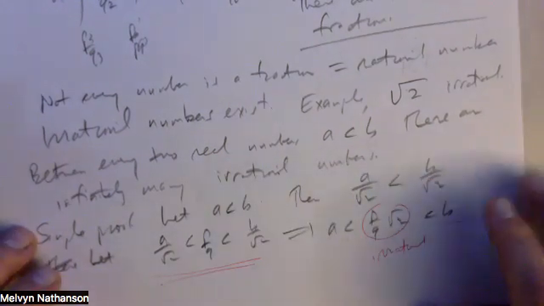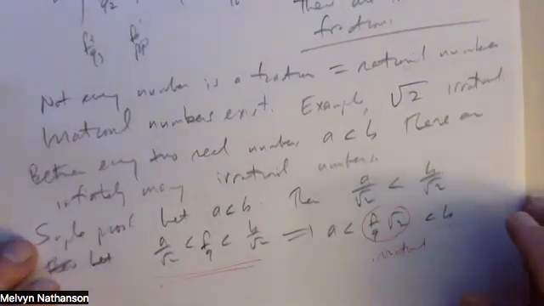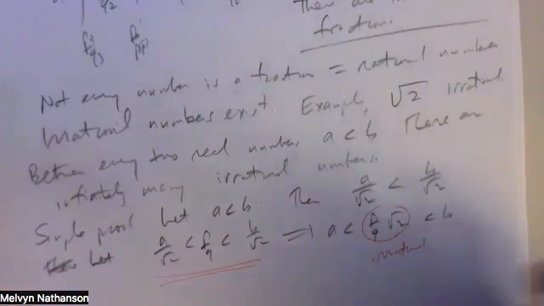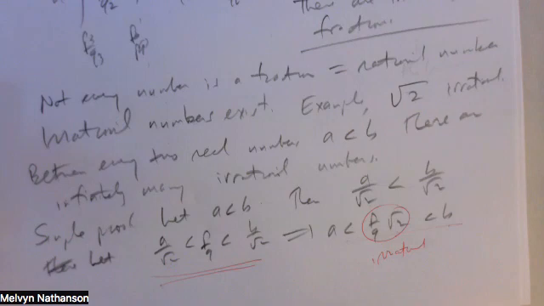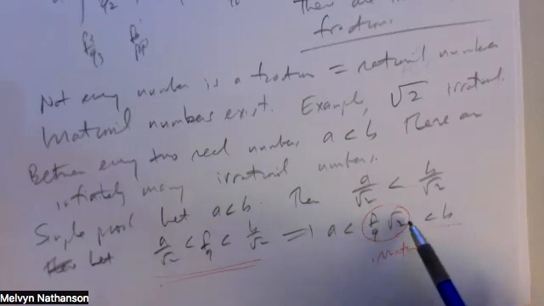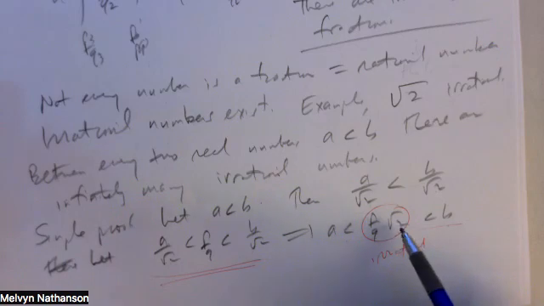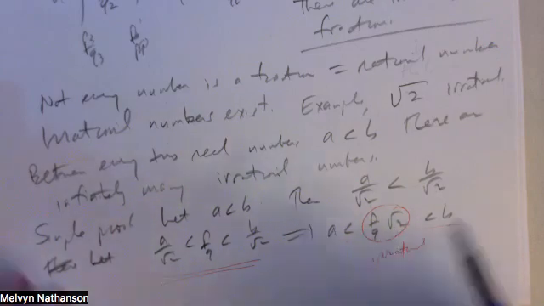Now, how many rational numbers are there? There are infinitely many, of course. How many irrational numbers are there? Also infinitely many. I mean, for one thing, P over Q times root 2 is always irrational. So for every rational P over Q, there's the irrational P over Q times root 2.